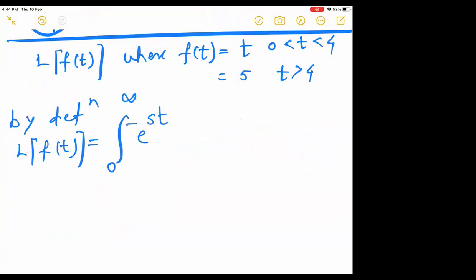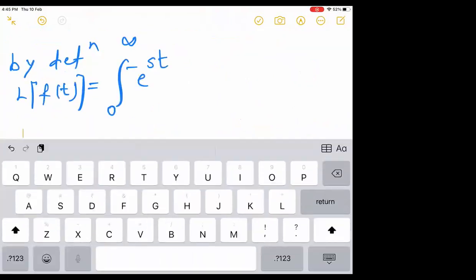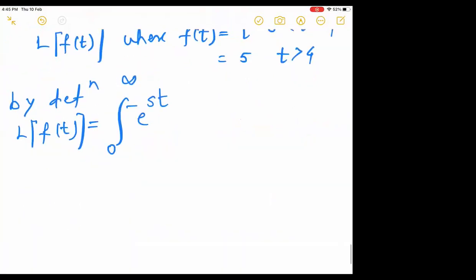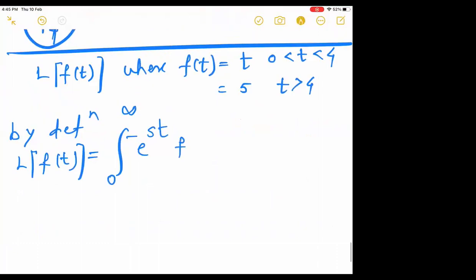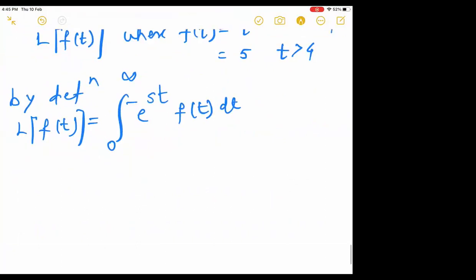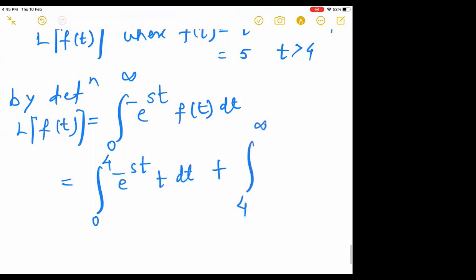So by definition, e raised to minus st into f of t. And f of t has got two values. Between 0 to 4, the answer of the function is t. And from 4 to infinity, the answer of the function is 5.